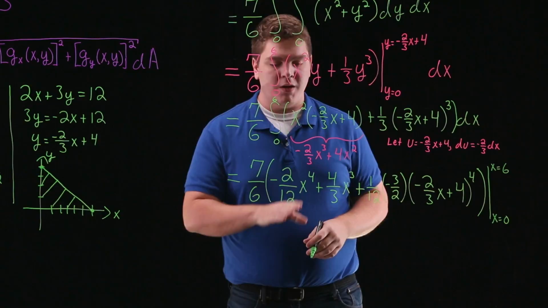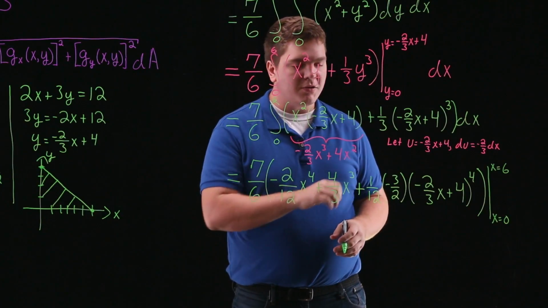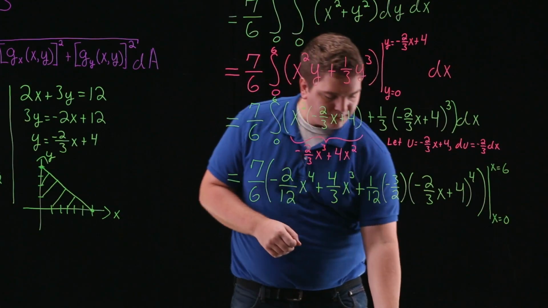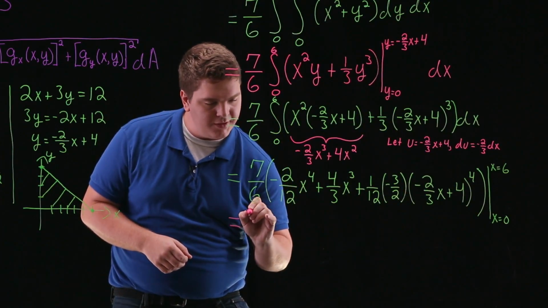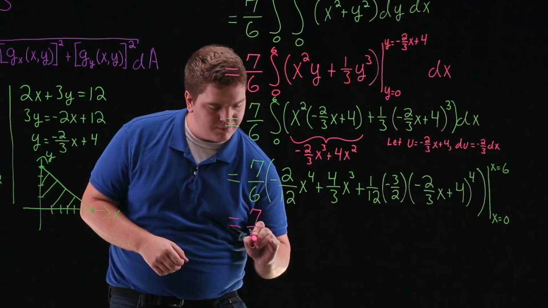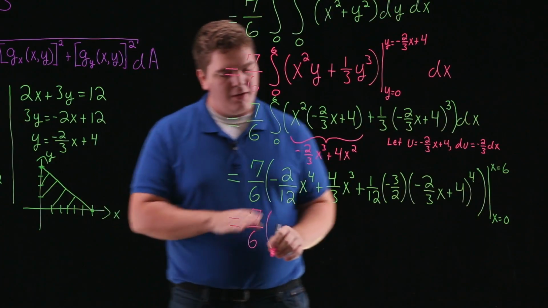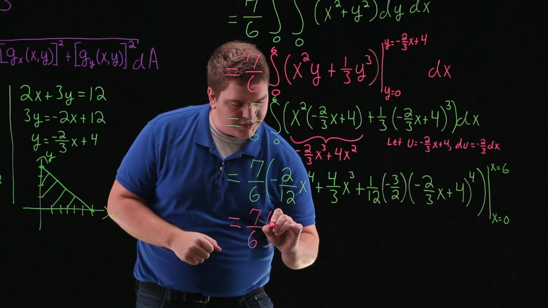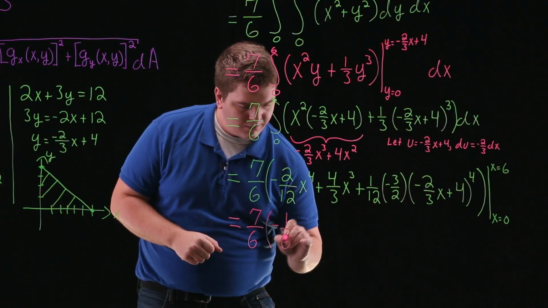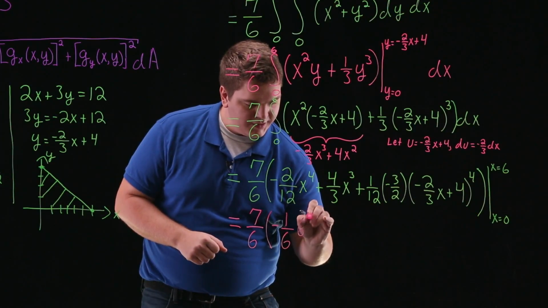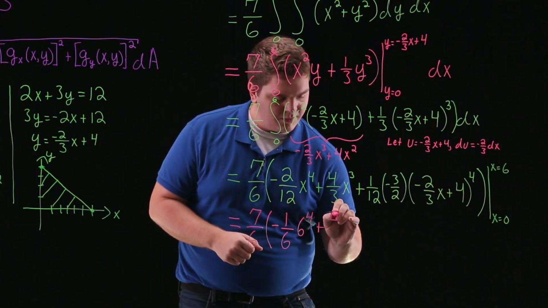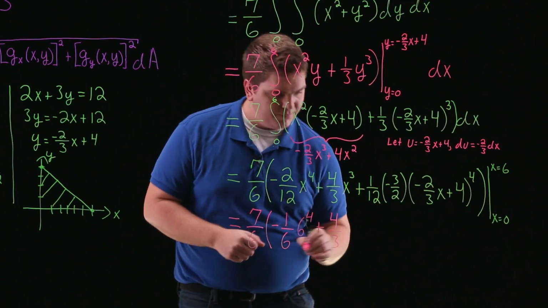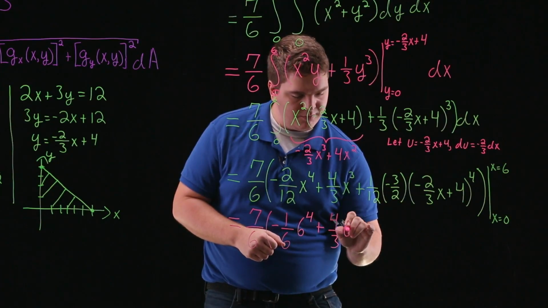So luckily for us, when we substitute in 0, most of what's here is going to cancel. So let's go ahead and evaluate this. This will be equal to 7/6. Here, this simplifies to a negative 1/6 times 6 to the 4th plus 4/3 times 6 cubed.